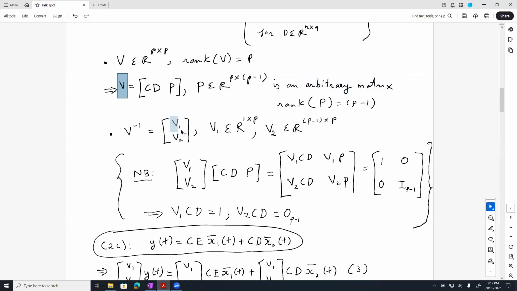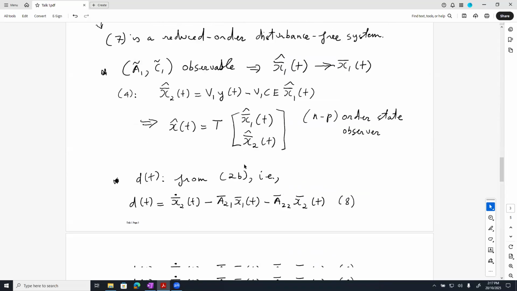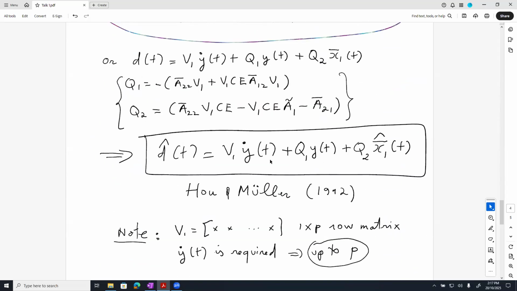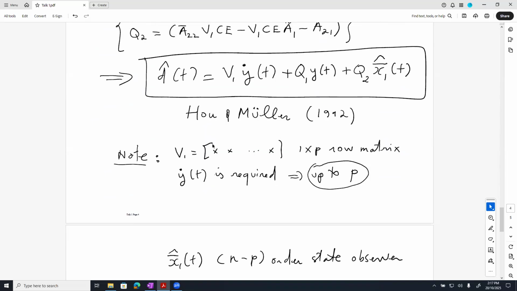So when we look at matrix V1, potentially, if we don't choose the matrix P correctly or according to a certain formula, we might end up with V1 which has P elements that could be non-zero.